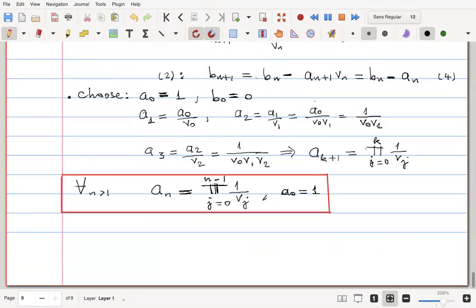From this expression, we can write our b_1. b_1 would be b_0 minus a_0. We know that b_0 is 0 and a_0 is 1. So this will be negative 1.